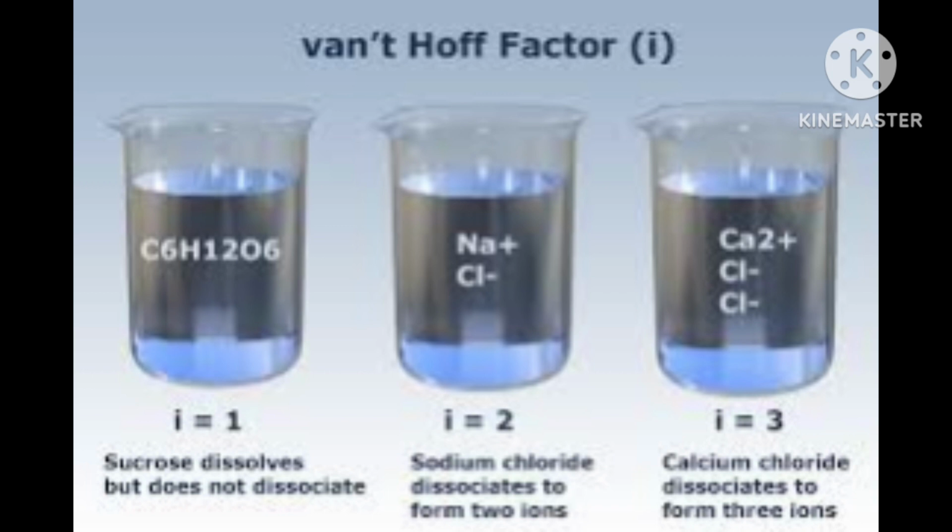Here, in the reverse way of what I told you, normal divided by abnormal. Abnormal is also called observed, and normal is also called theoretical or calculated.